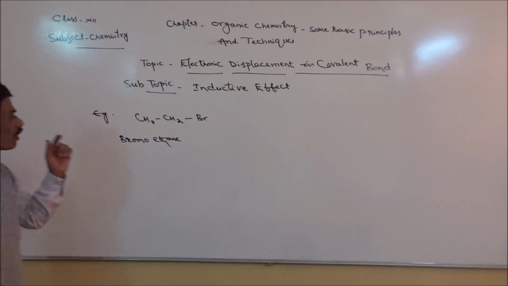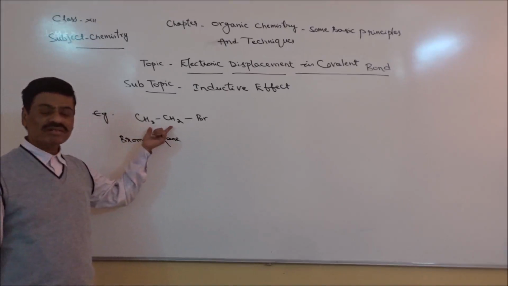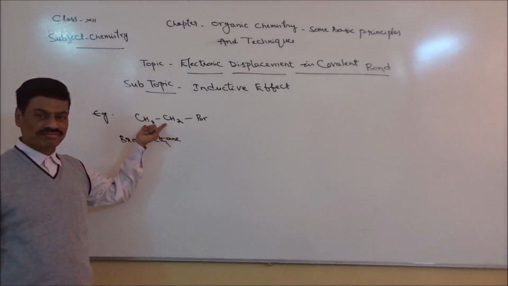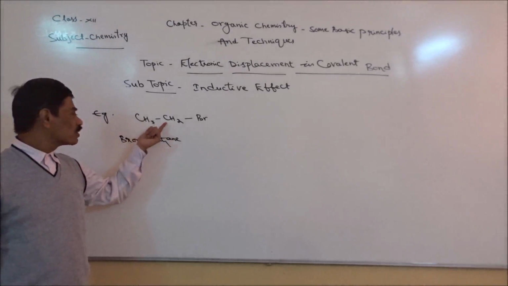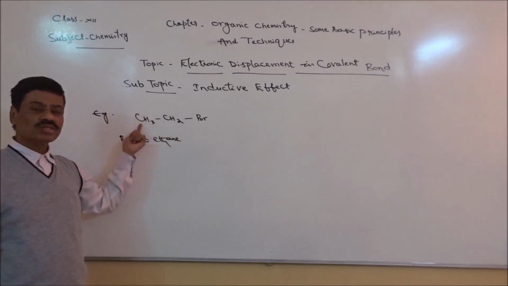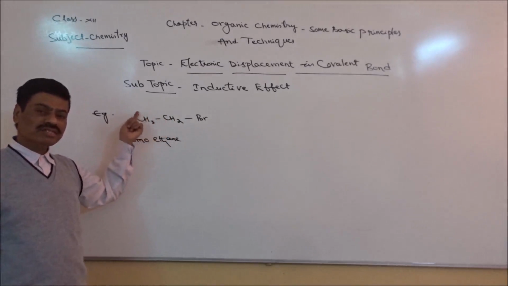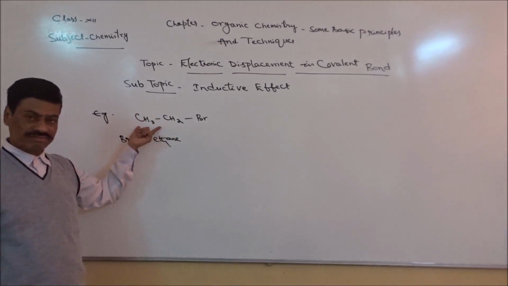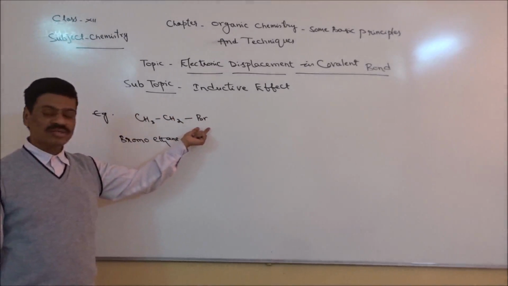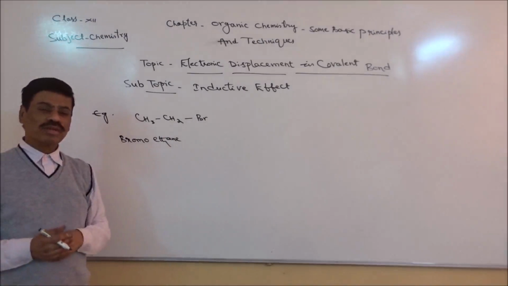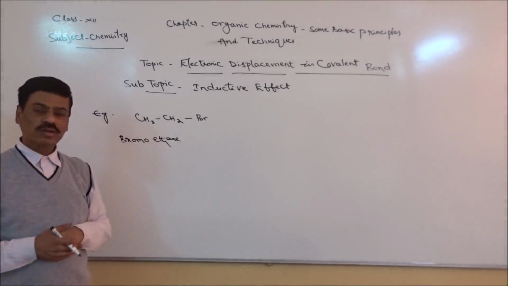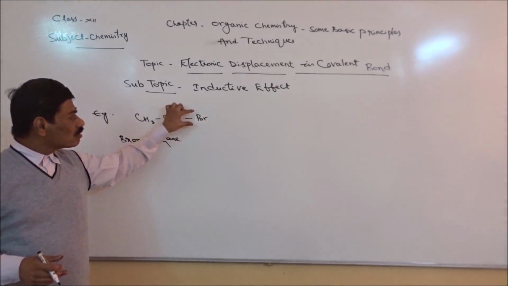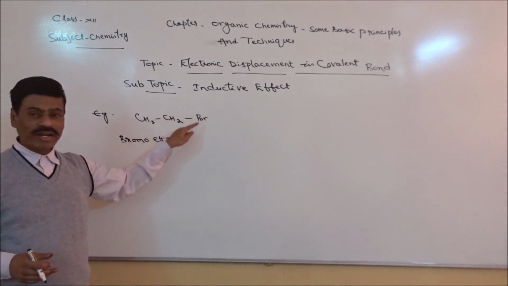In this case, we have two parts. This is hydrocarbon part, that too alkyl group, and its specific name is ethyl because it has two carbon atoms. Eth means two carbon atoms. Ethyl, and the other one is halogen, that is bromine atom connected to ethyl group. So this is acting as bromide.